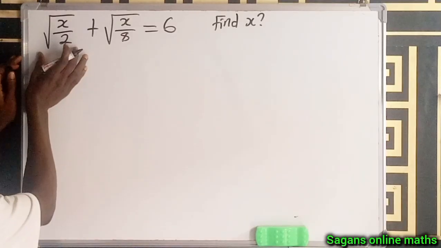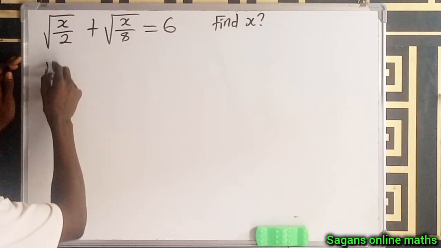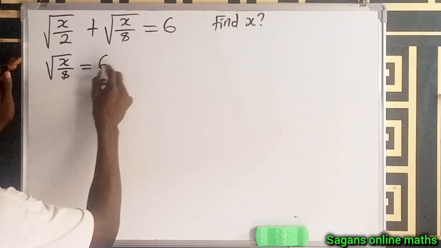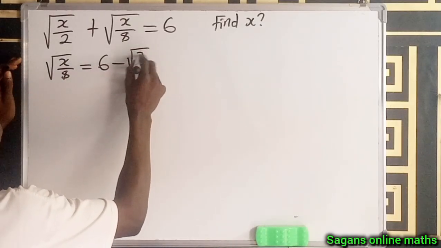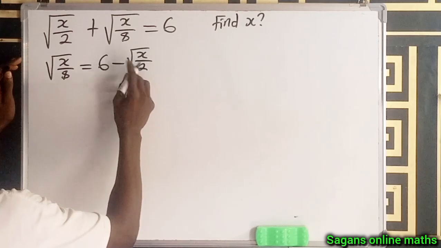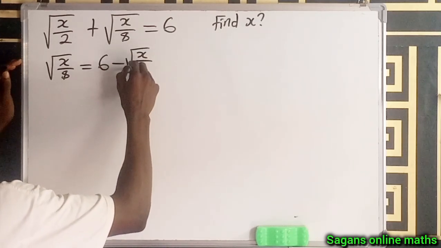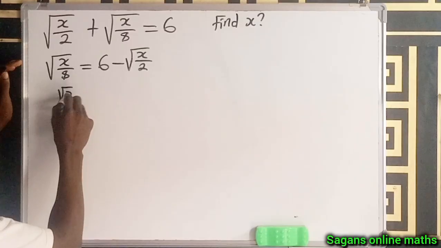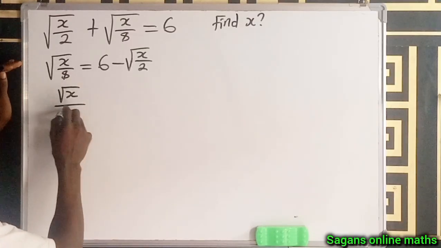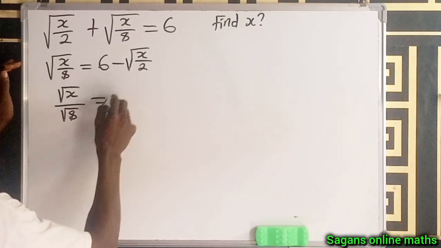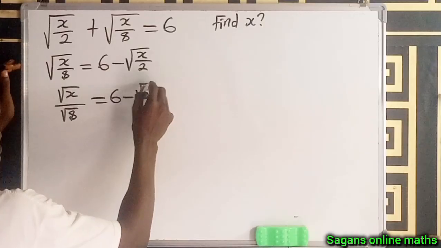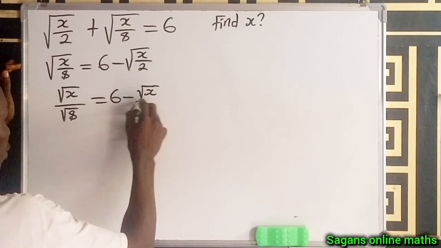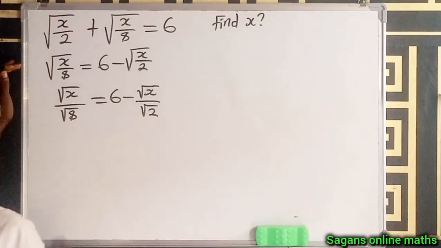Now if I subtract this from both sides, this is root x divided by 8 equals 6 minus root x divided by 2. We know one of the properties of surds, right? We can write this as root x divided by root 8 equals 6 minus root x divided by root 2.